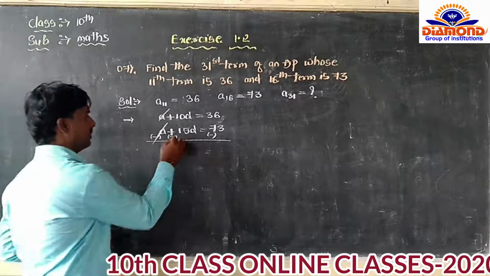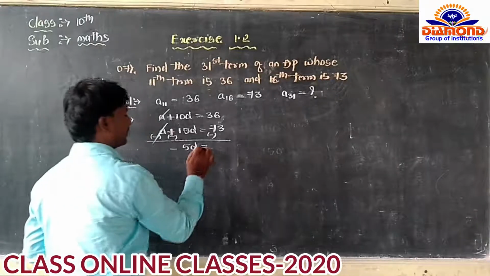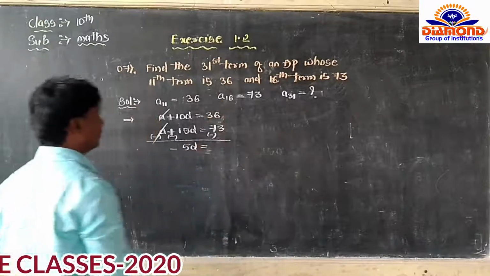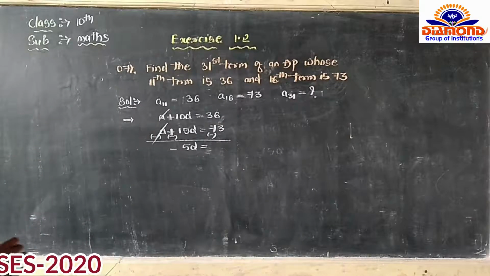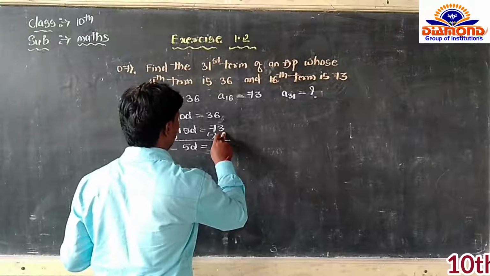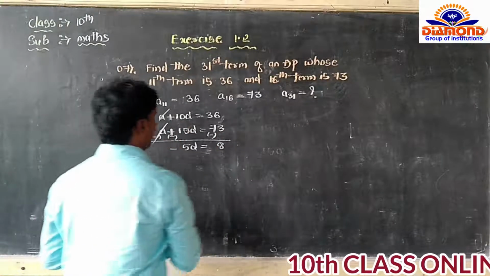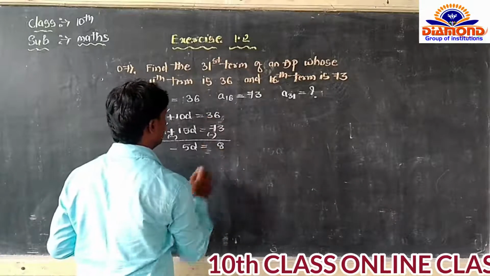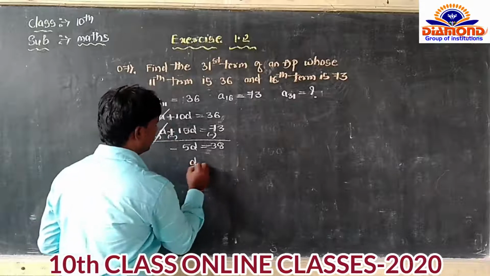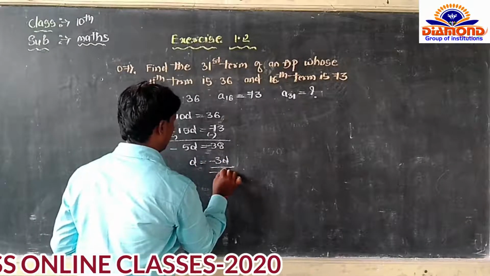Here this becomes minus 5d is equal to 36 minus 73, which is minus 37. Common difference is equal to minus 37 by minus 5.